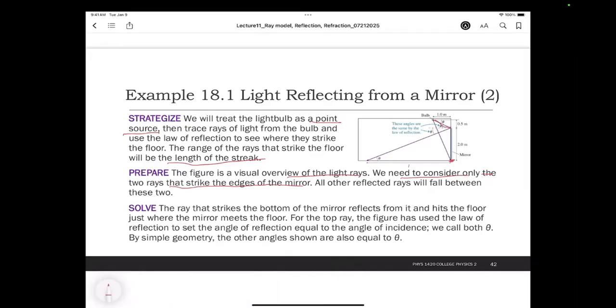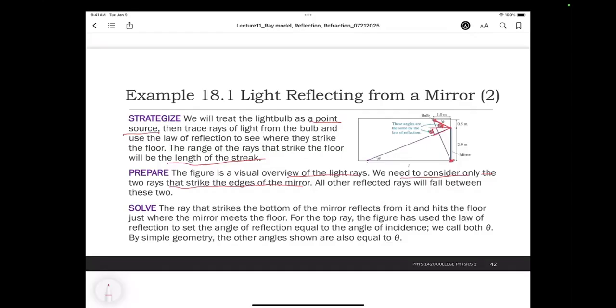The figure has used the law of reflection to set the angle of reflection equal to the angle of incidence, which means this one, we call it theta, and it should equal this one, theta. That makes sense to you? So we can call both theta.